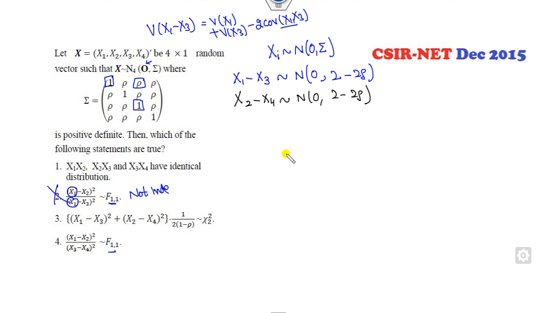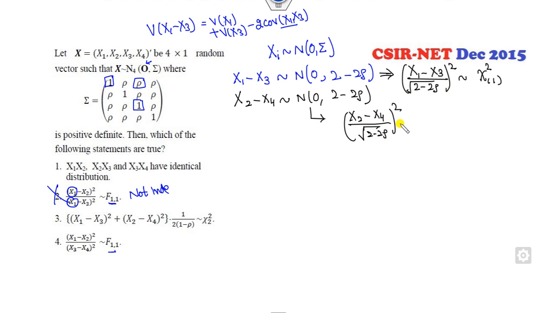Fine. Now we need a square. So from here I can say x1 minus x3 minus 0, divided by root of 2 minus 2 rho, squared, will follow a chi-square distribution with degree of freedom 1. Similarly, x2 minus x4 divided by root of 2 minus 2 rho, squared, will follow the chi-square distribution of 1, and clearly both are independent.